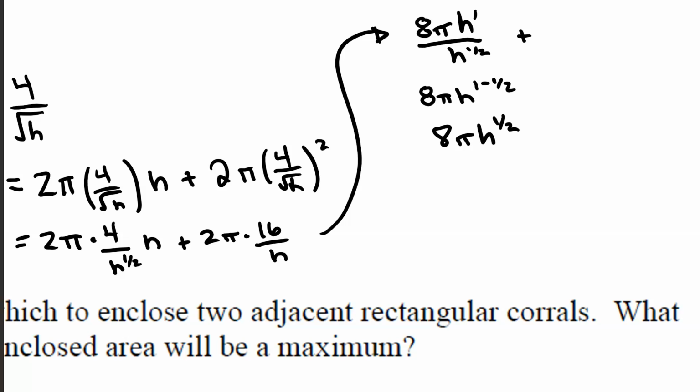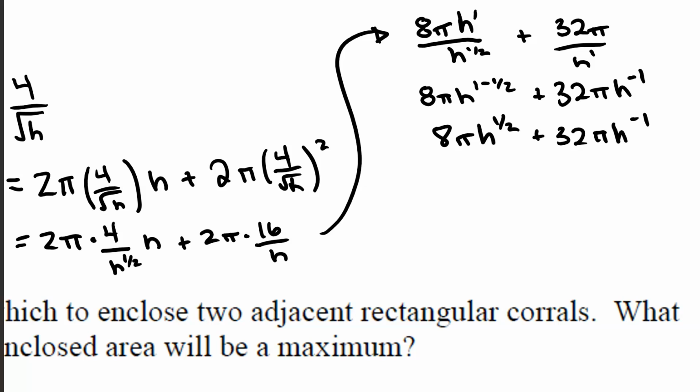All right, and then the other one, we've got 2 times 16, 32 pi over h. And we can bring that guy upstairs with a negative exponent. This is h to the first, so 32 pi h to the negative 1. All right, and now we can take a breath because we're finally somewhere that we like. All right, so our surface area equals this guy.